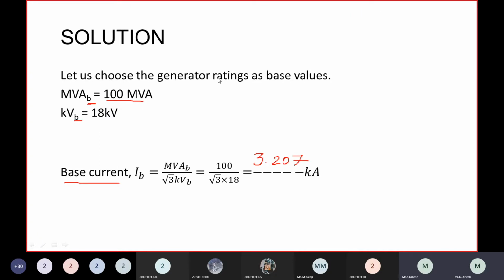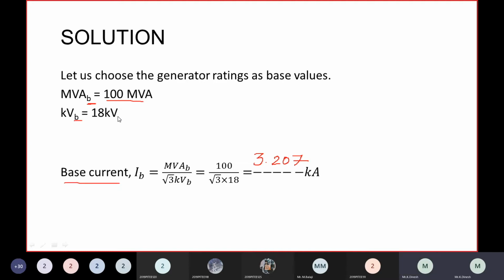Let us use the generator rating as base values, because the parameters are given on that base. Only one piece of information is given: the MVA base is the generator value of 100 MVA, and the kV value is 18 kV. I connect these two as my base.